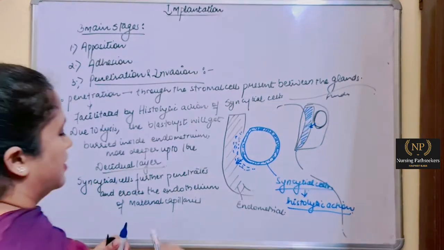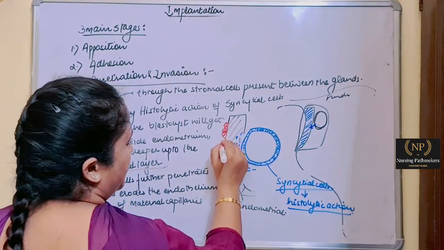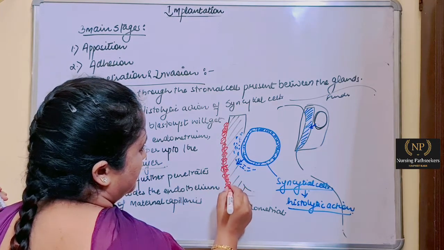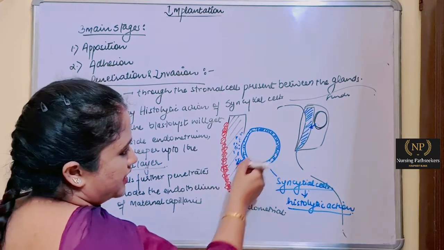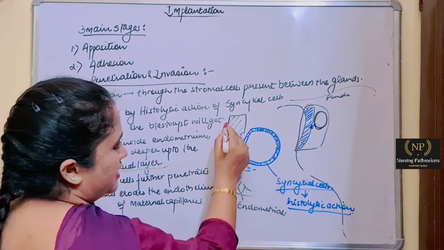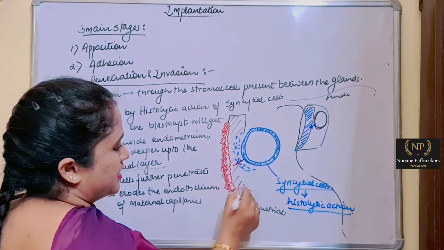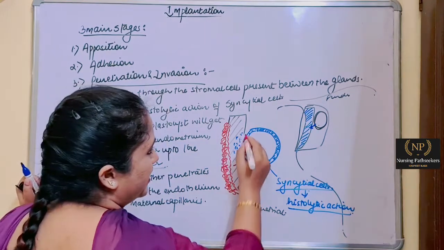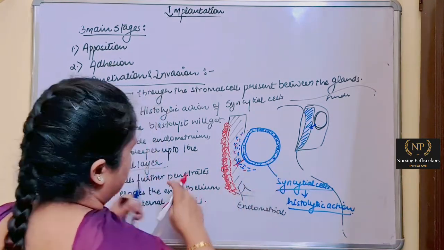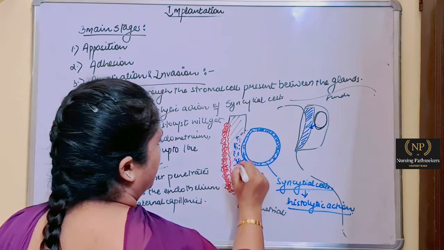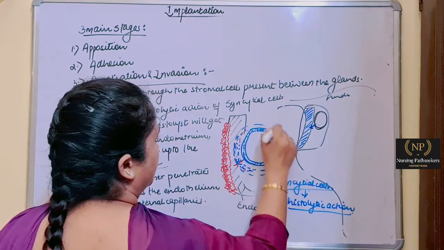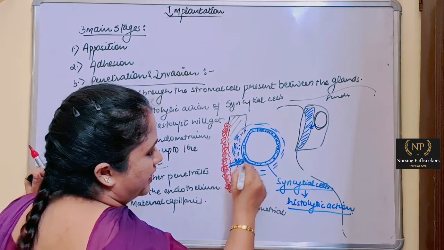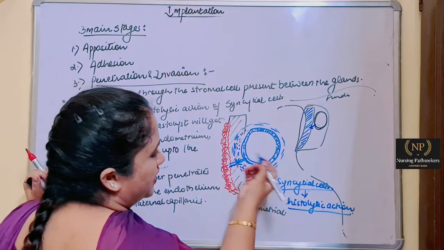Nearby the endometrium lie the maternal capillaries. With further invasion or penetration, the endothelium of these maternal capillaries will be eroded or destroyed, and it becomes continuous with these maternal capillaries and allows the blood to enter inside through the lacunar system.